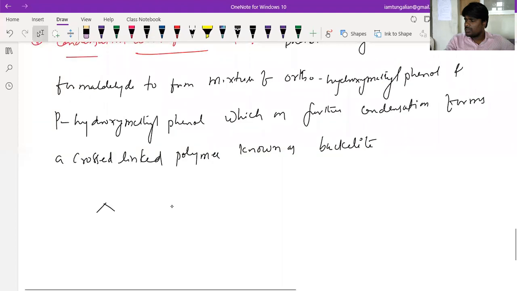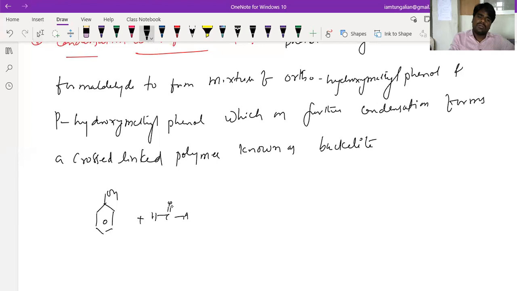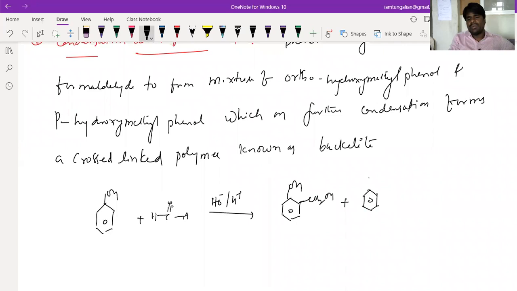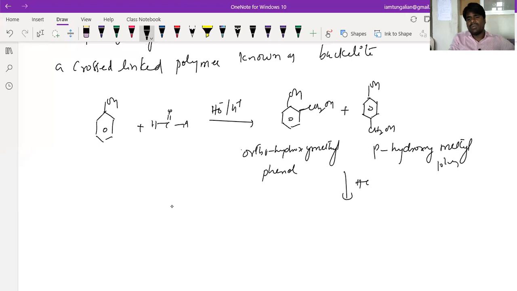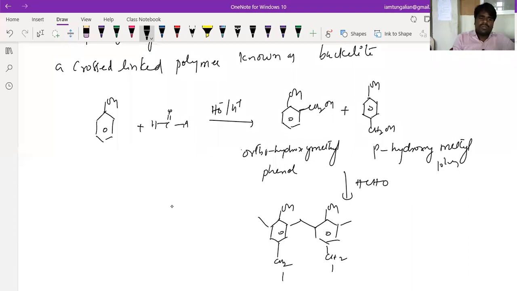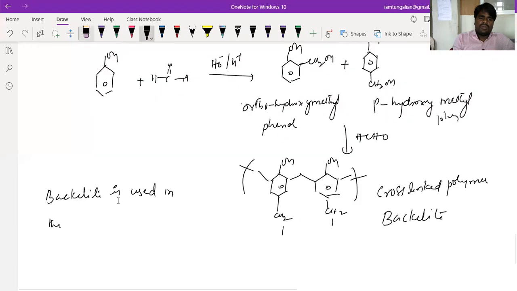Look at this: phenol in basic medium or acidic medium, either in presence of OH minus or H plus, will form CH2OH derivatives, and with excess it forms a cross-linked polymer.